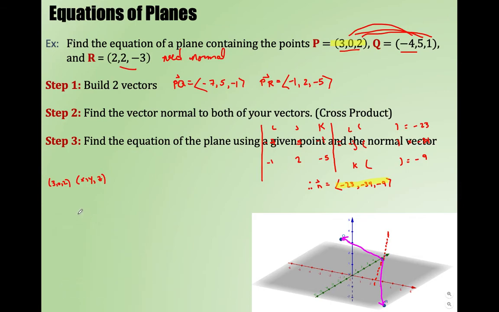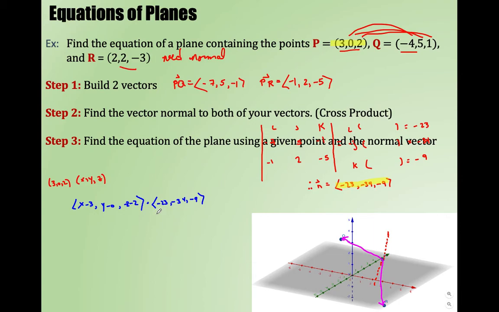So I have x minus 3, y minus 0, and z minus 2. And I'm going to dot that with the normal that I just found. So much negativity in that normal vector, huh? Womp womp.